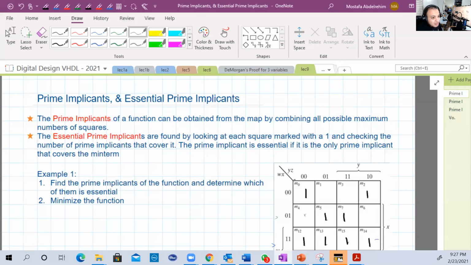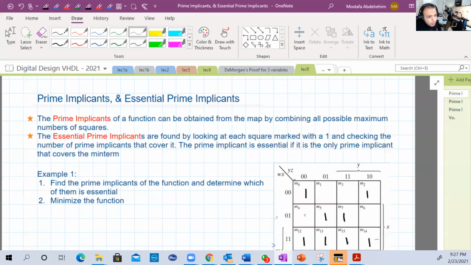A prime implicant is when you have a Carnot map and you search for a one and group this one with all adjacent ones. The maximum group that this one can belong to is basically the prime implicant. This is something that we were doing without knowing what it is called.